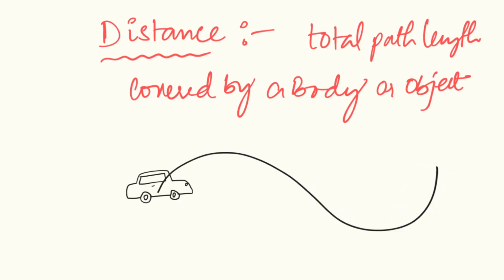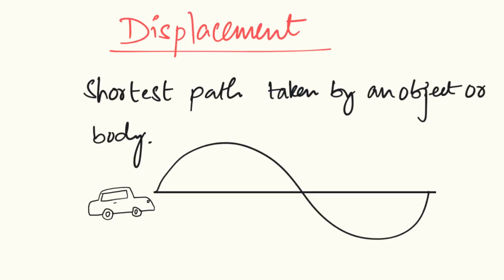Then when it comes to distance, let's say a car is traveling from one place to another place, right? So this is the total path length covered by the car. Over here you can see this is the total path length covered by the car, and this will be the distance covered by the car. As you can see here, this is the displacement.